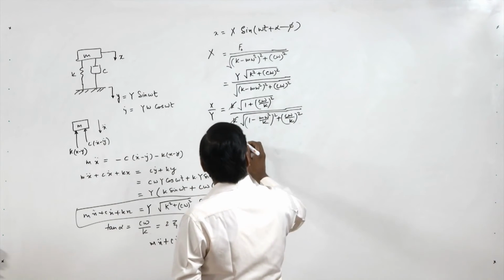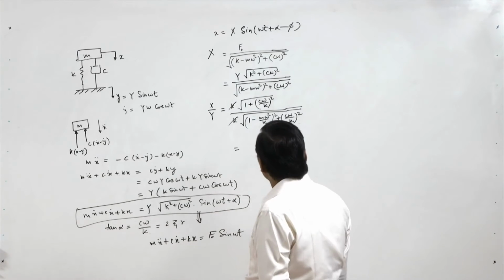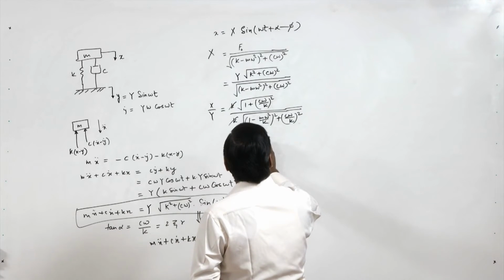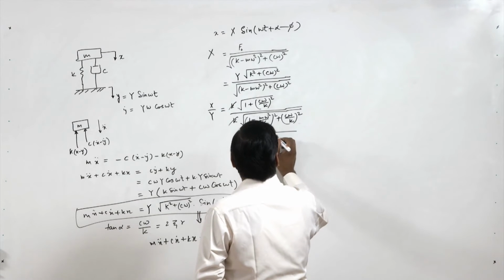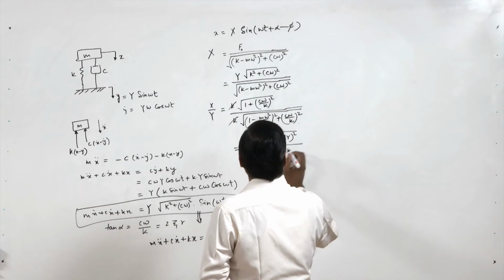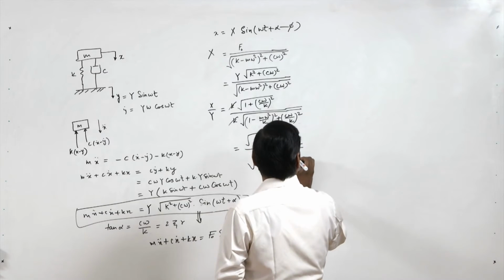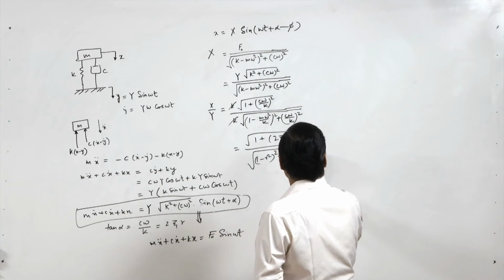So this will cancel out. So we can write c omega by k as 2 zeta r. So here we can write under root 1 plus 2 zeta r whole square upon under root 1 minus r square whole square plus 2 zeta r whole square.